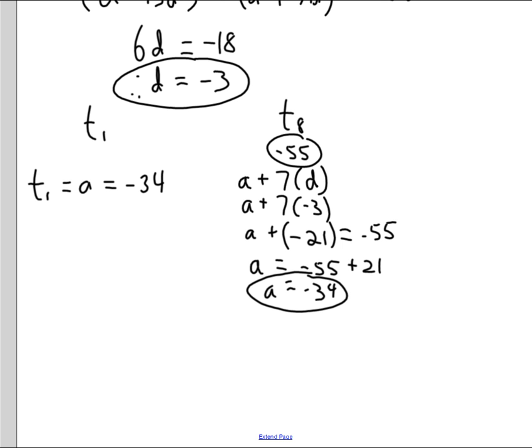And the nth term is, in general or explicit form, first plus common difference times n subtract 1.